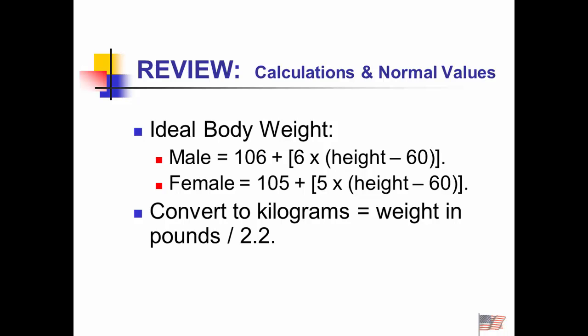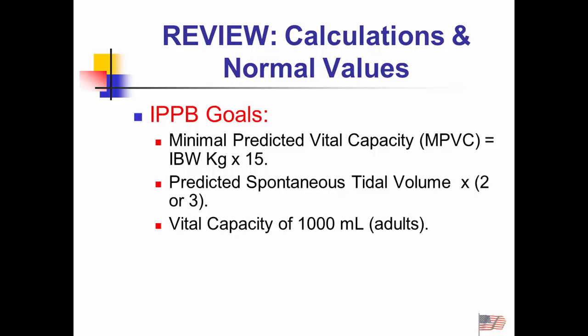You guys have seen these formulas before. There actually are some other ones that we'll expose you to at a later date just to make life more confusing. But again, we want to be able to get that predicted vital capacity of at least 15 mLs per kilo, or a spontaneous tidal volume that's twice or 3 times the normal spontaneous tidal volume.